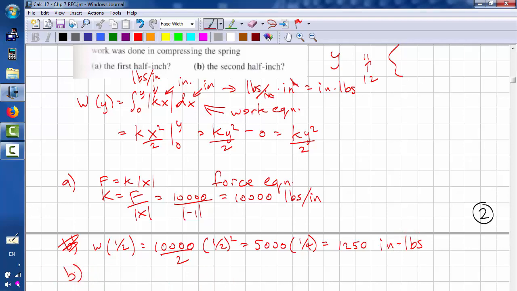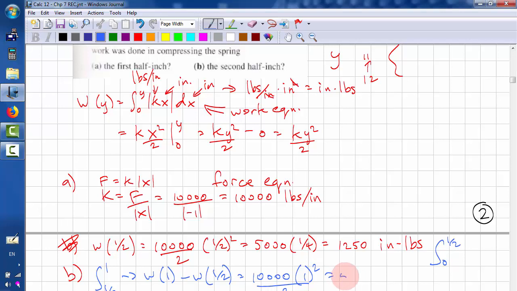And part B, we can think of this as our integral from 0 to 1/2. Now we're doing the integral from 1/2 to 1. We have W of 1 minus W of 1/2. W of 1, we have 10,000 times 1 squared over 2.